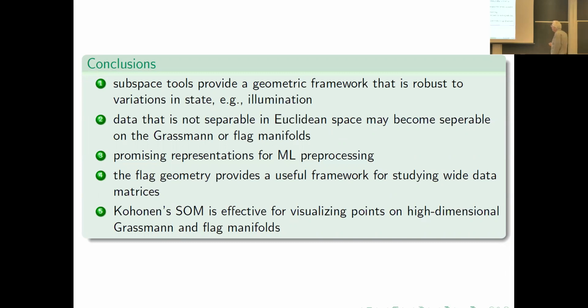The flag geometry provides a useful framework for studying wide data matrices. And although I kind of rushed through it, the SOM is an effective tool for visualizing points on the Grassmannian, points on the flag, because of the underlying matching of the algorithms, right? All I have to do is calculate distances between points and be able to move a point in the direction of another point. Thank you.